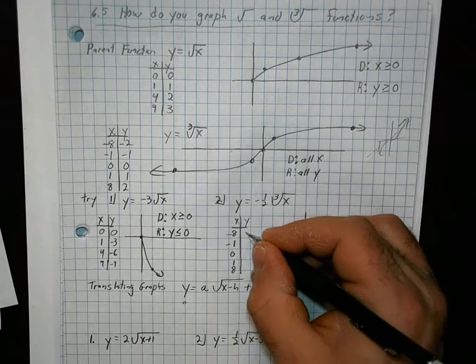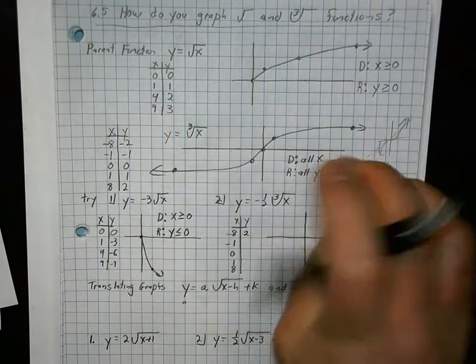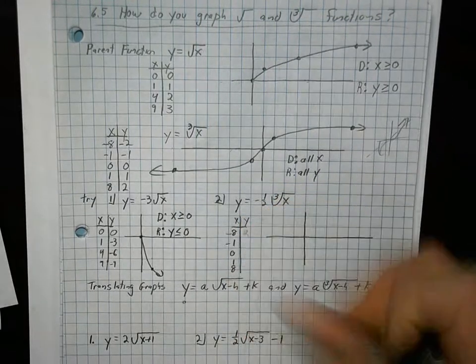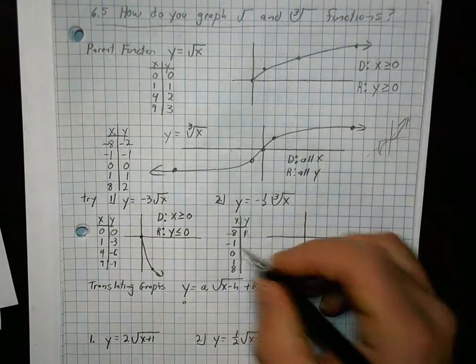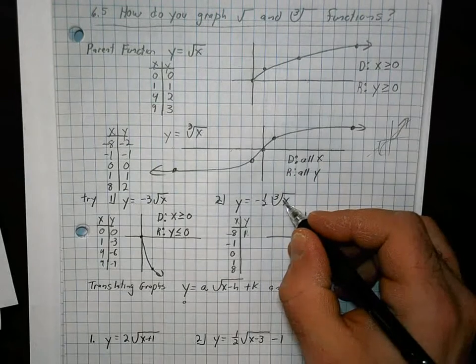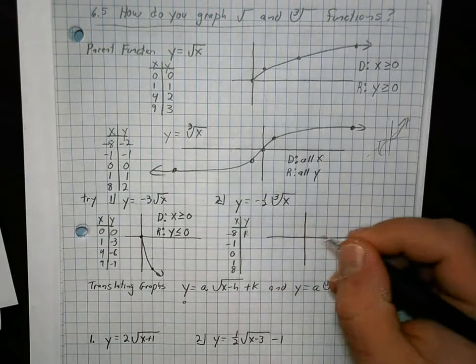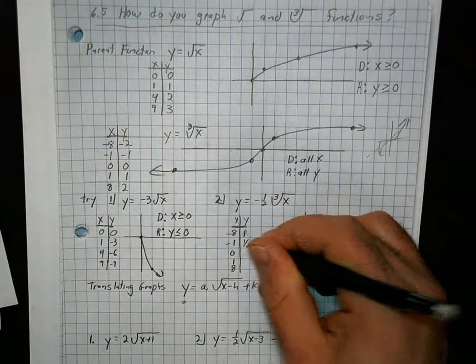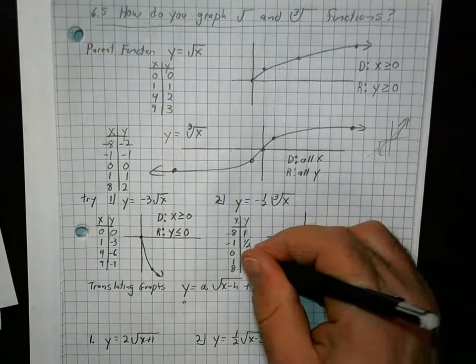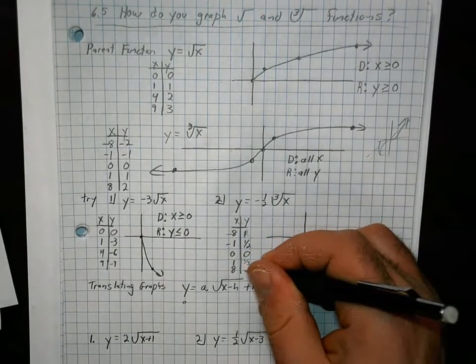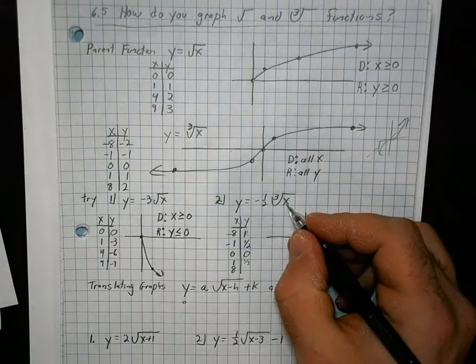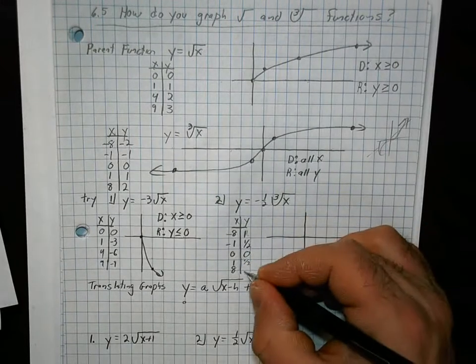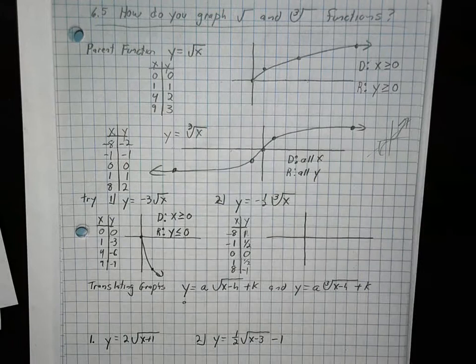Times that would be 2. Or no, wouldn't it be 1? Negative 1. Cube root of negative 1 is negative 1. Times negative a half would be positive 1 half. Give me 0, 1 half. And I believe I'll get 2, half times negative a half is negative 1.